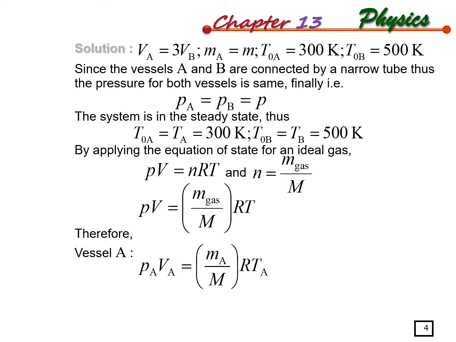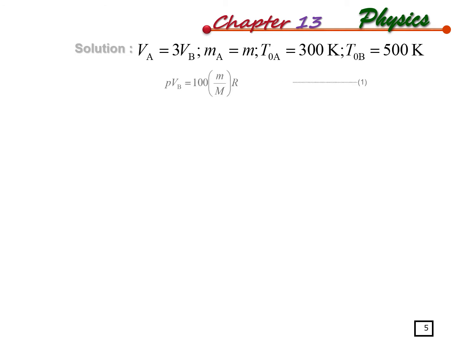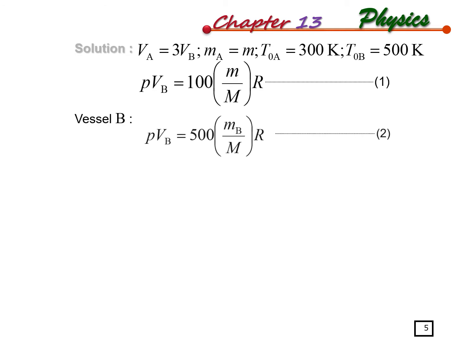For vessel A, we replace in to obtain the equation, and since the volume relationship is already given, replace in the value. We end up with equation 1. Then do the same thing for vessel B to obtain its equation.